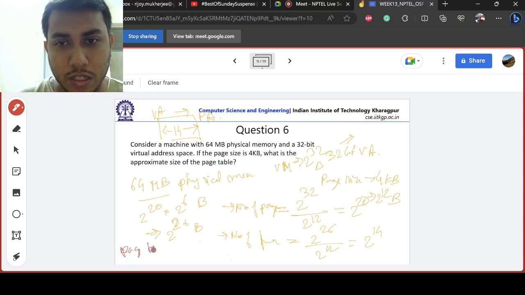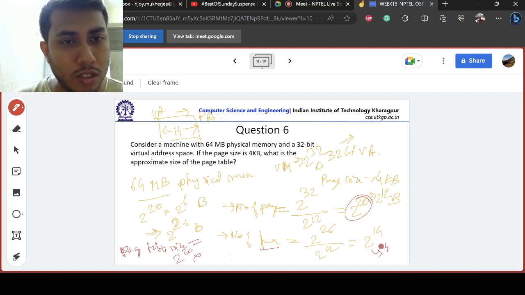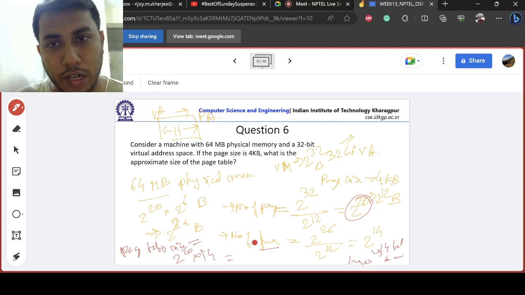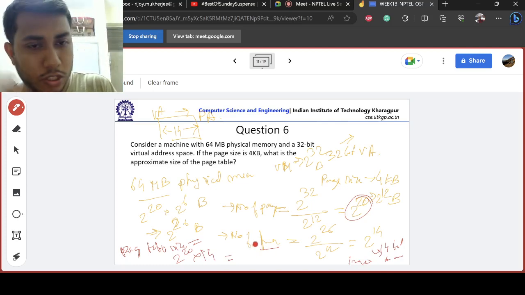Page table size is basically we are picking up the total number of pages, that is 2 to the power of 20, right? And for the number of frames, you require 14 bits for each frame. So this will basically come out to be how much?